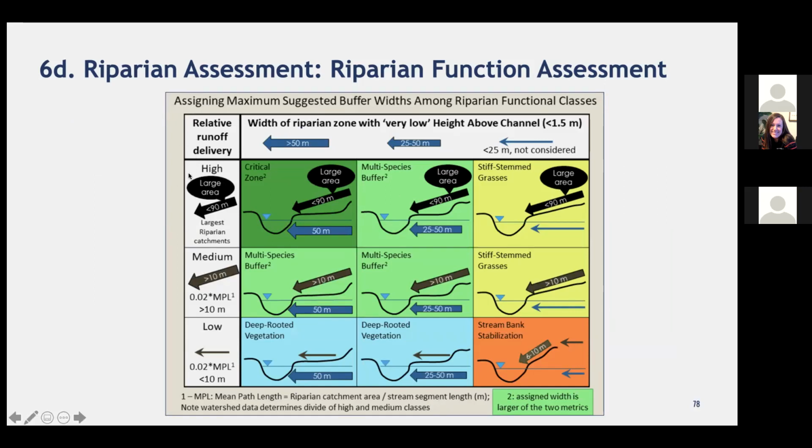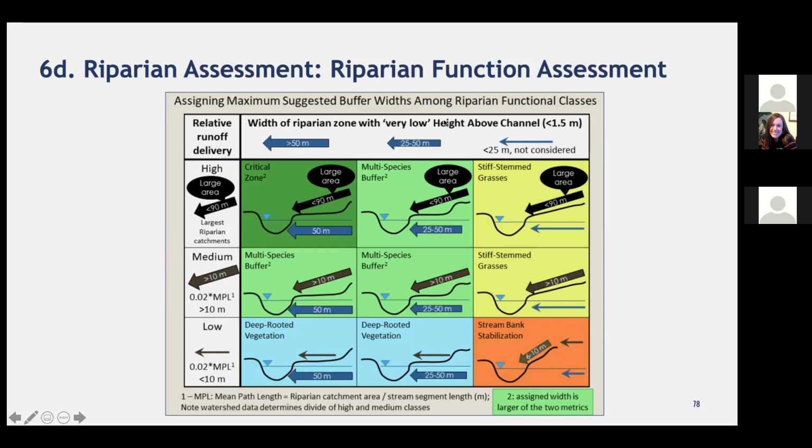In areas where we may see a relatively high runoff delivery, we may want to have a larger buffer size, for example, 90 meters. Those would be some of our largest riparian catchments, where we might be seeing a relatively high amount of runoff delivery. As we move toward low runoff delivery, we can reduce the size of that buffer width in accordance with a reduction in the amount of overland flow or runoff that we might be receiving.